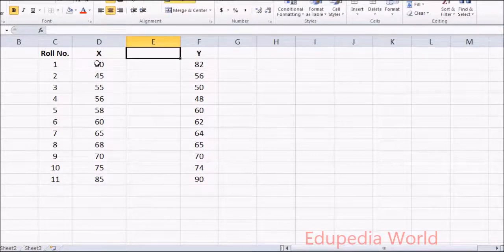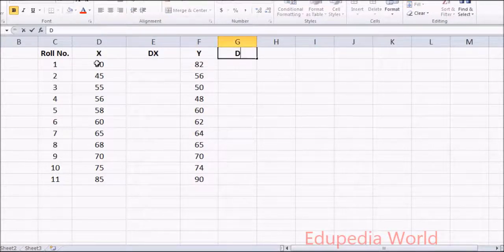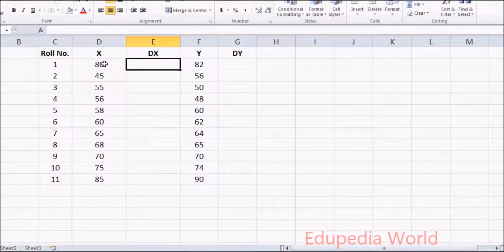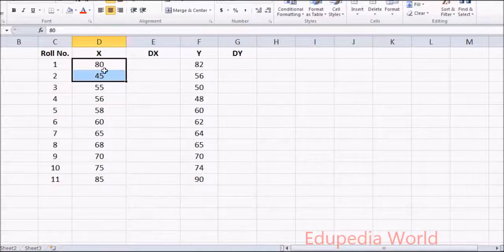So now we have D, the deviation for X, and D for Y. Now looking at the values of X first, we start with the first pair, that is the first and the second number, and we see that the second number is less than the first one, so there is a reduction in the value.